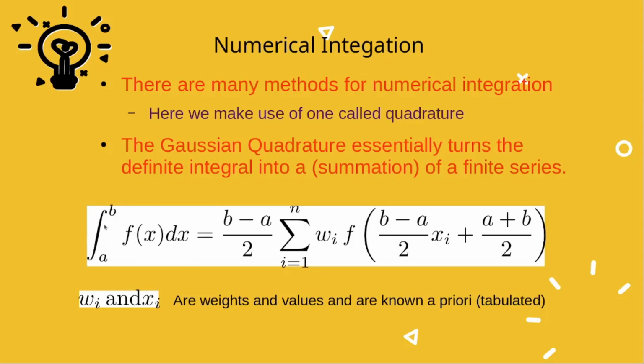Essentially it says that this integral is nothing but the weighted values of the function of x at various levels of n. And then these wi and xi are known to you a priori. They're tabulated, they're built into Python, so you really need not go into much detail. And when you call the function, it goes through this function and solves the corresponding values.